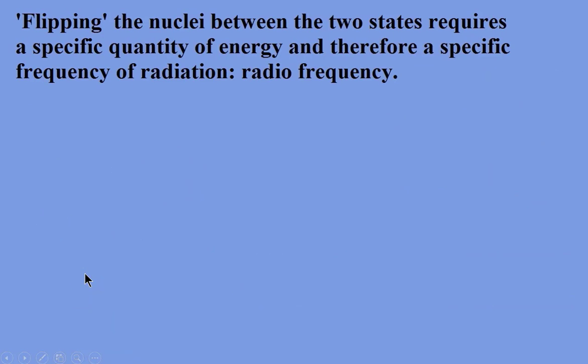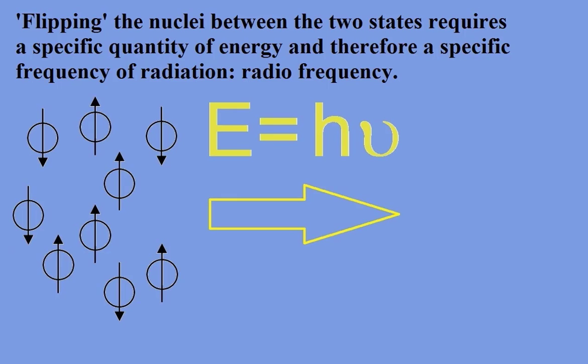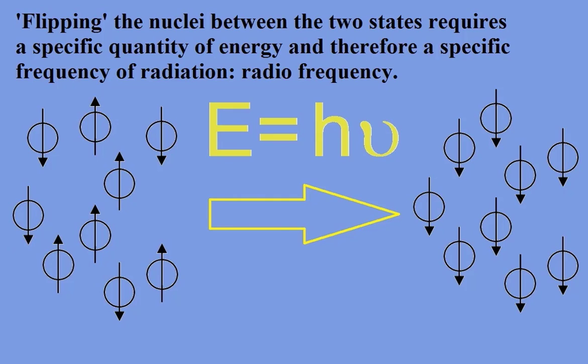So we can flip these nuclei which are aligned with the external magnetic field, flip them to have the magnetic field and that magnetic moment aligned against the external magnetic field by hitting the nuclei with the correct energy of radio frequency radiation. And when this happens, the remaining nuclei all flip to being aligned against the external magnetic field.